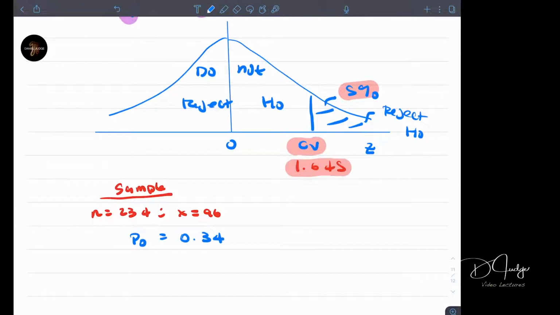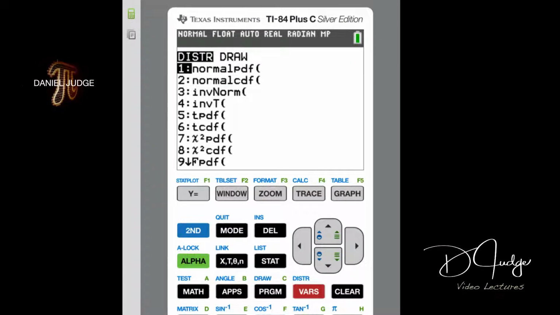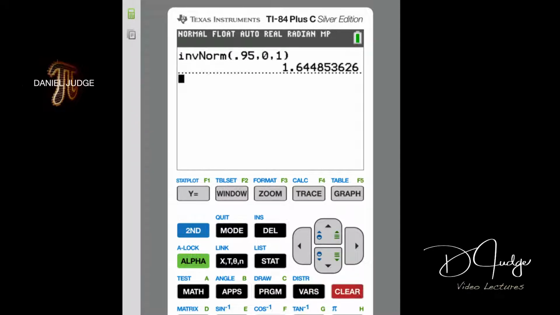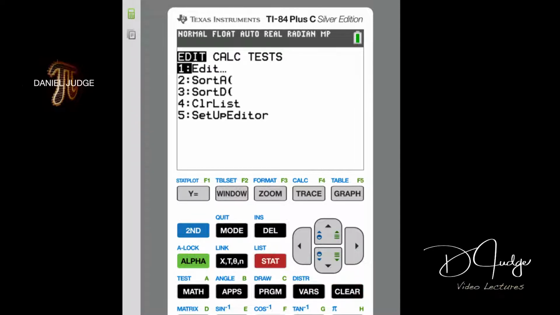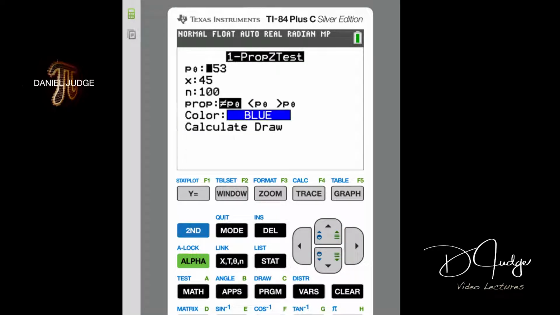Let's get out the TI. And okay. Second distribution. I'm sorry. It's going to be stat, test, 1 proportion z test. So the sample proportion here is 0.34.